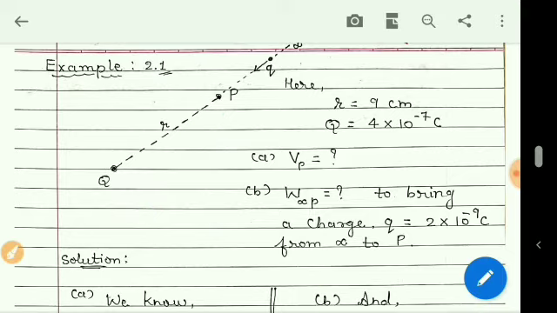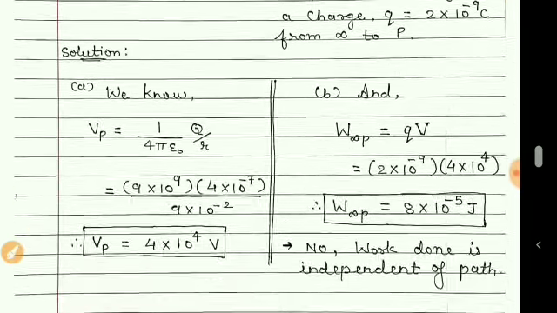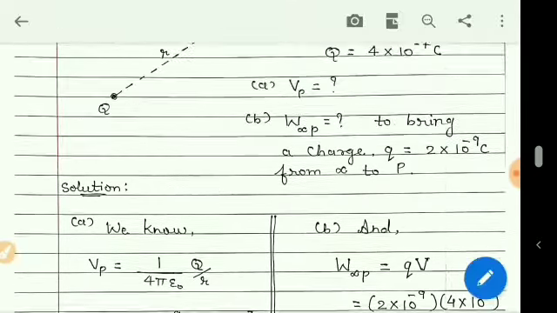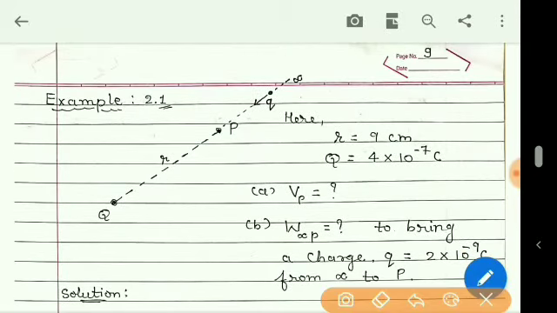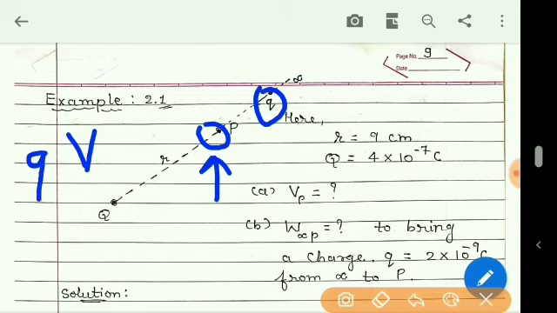Now next is about the work done. Now remember students, if the potential at any point is known to us, then work done to bring any charge q is simply the product of the potential into that charge which is brought from the infinity.